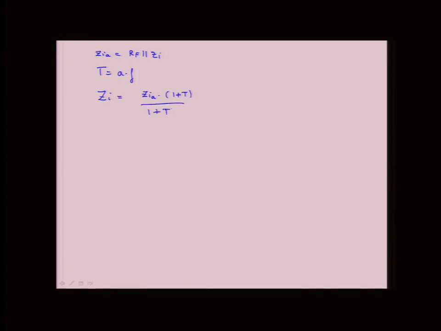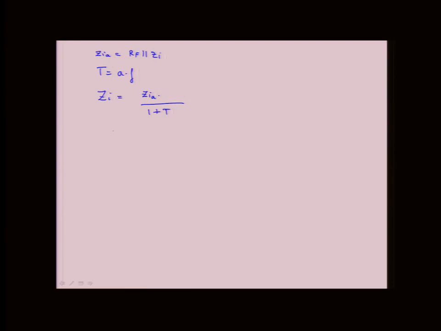So the question is, where is it? If it's shunt, yeah. You want this thing to admit as much current as possible, right? So you're dividing down the impedance, right?